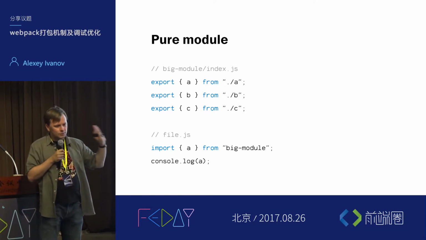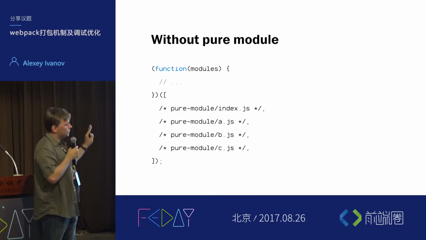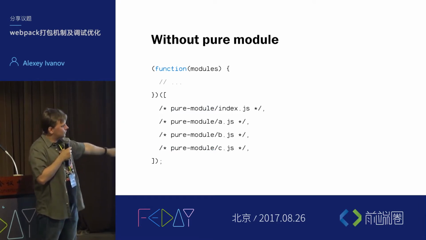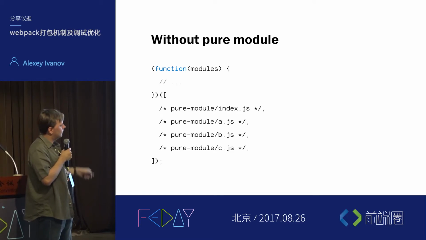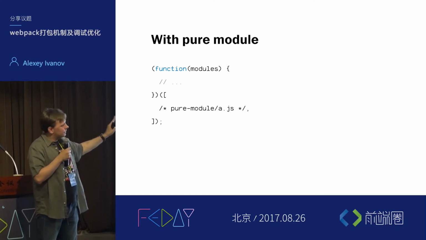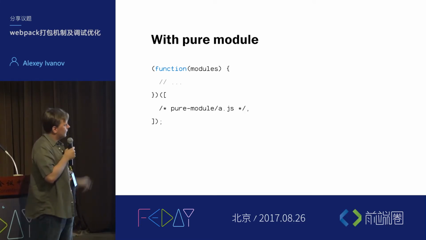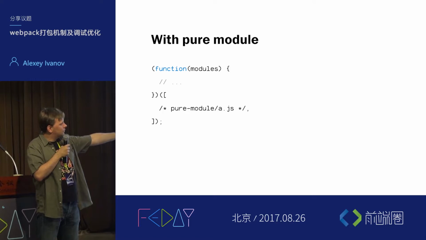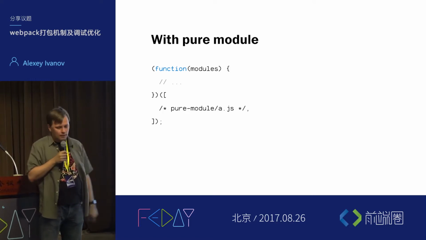But now, because the flag is set to true and all these modules do not have side effects, Webpack can safely remove anything we did not need, even the index file that was used to import them. So instead of 4 files, in this example, we will have only 1, and as you can see, we can reduce everything to just 4 kilobytes.